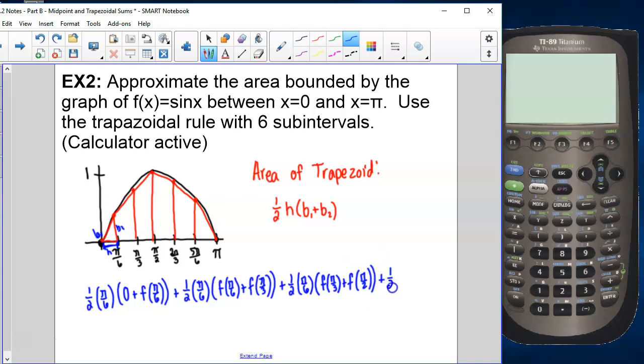And then 1/2 times pi over 6 times f of pi over 2 plus f of 2 pi over 3, plus 1/2 times pi over 6 times f of 2 pi over 3 plus f of 5 pi over 6.